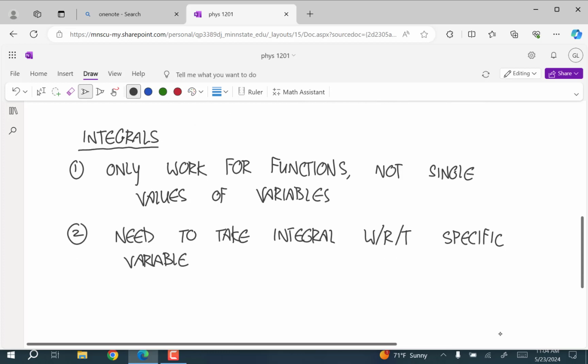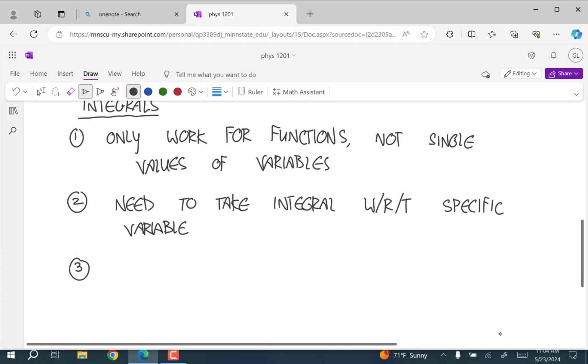And now the last one, this is the one we didn't see with the derivative, and that is every time you take an integral, there's a constant of integration. So there's always a constant of integration.